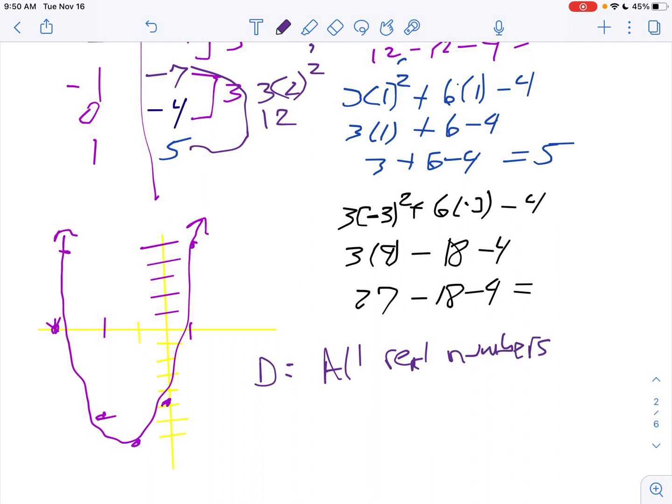Because no matter what number I put in for x, there's a corresponding point someplace on the graph. Now my range is different though. Notice my graph starts at -7 and goes up from there. I can never get a number smaller than -7. So for my range, I'm going to say y is greater than or equal to -7. Now I can find any other number bigger than -7 on my graph.